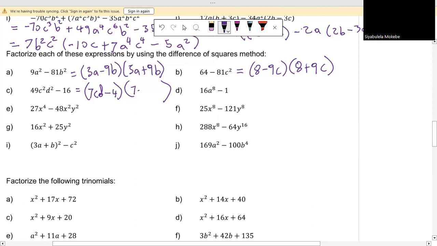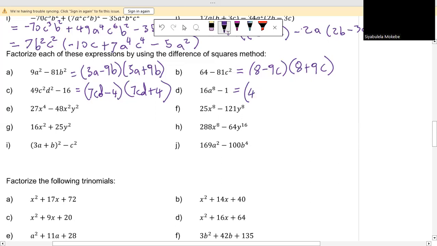Then the same applies, plus 4. And here we have the square root of 16 is 4.